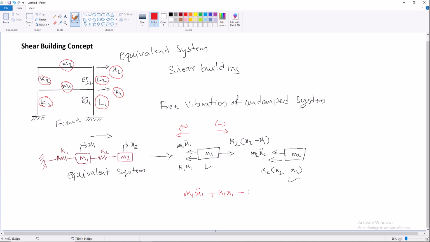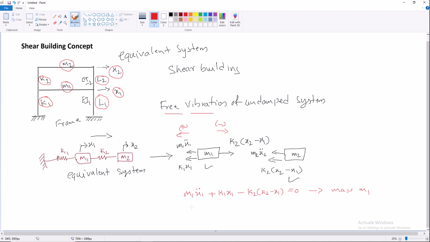Opposite to that, minus k2 times (x2 minus x1). Since it is considered free vibration, this is equal to 0. If it were forced vibration, here it may come with f of t. And this is written for mass m1.